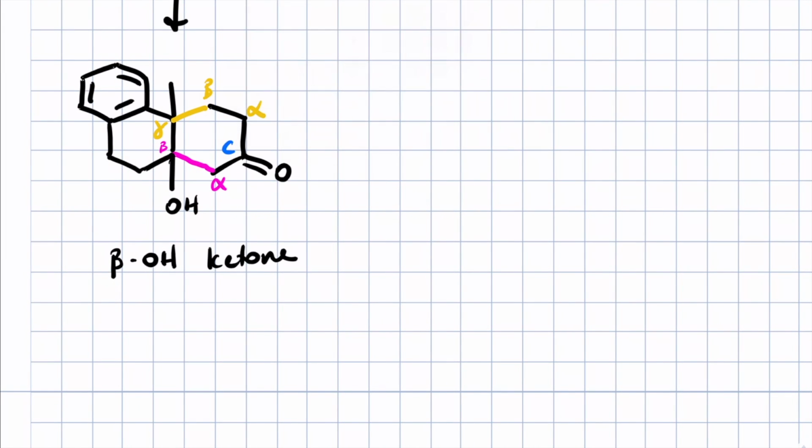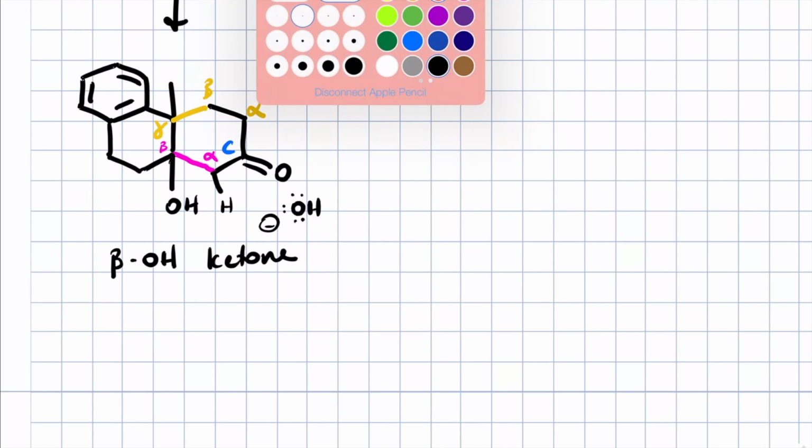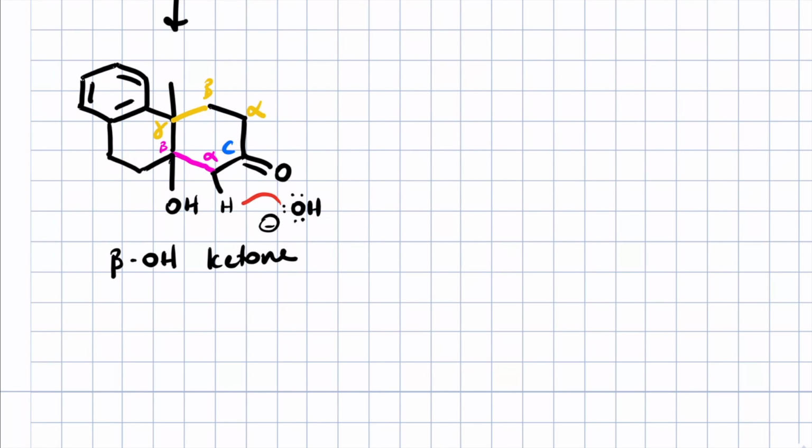But to get to the Robinson annulation product that we've drawn before, we need to do the elimination reaction, which is going to involve hydroxide as a base, removing a proton from pink alpha carbon.